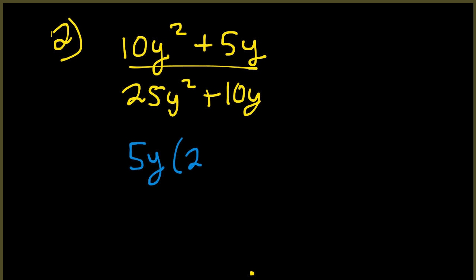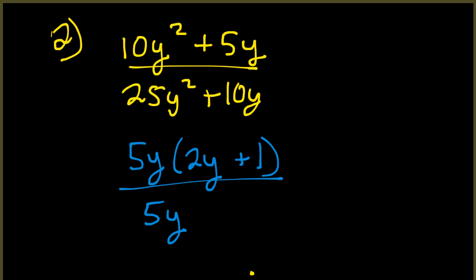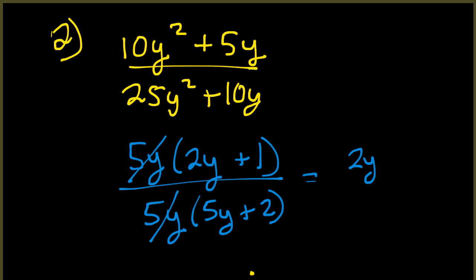What's left is 2y plus 1 all over, I can divide out a 5y, what's left is 5y plus 2. Now 5y plus 2 cancels out, so what's left is 2y plus 1 over 5y plus 2.